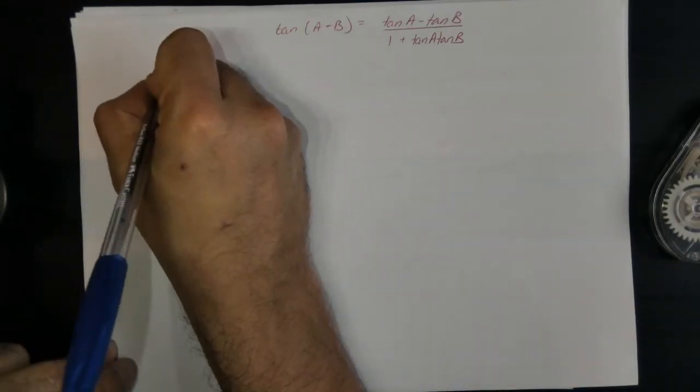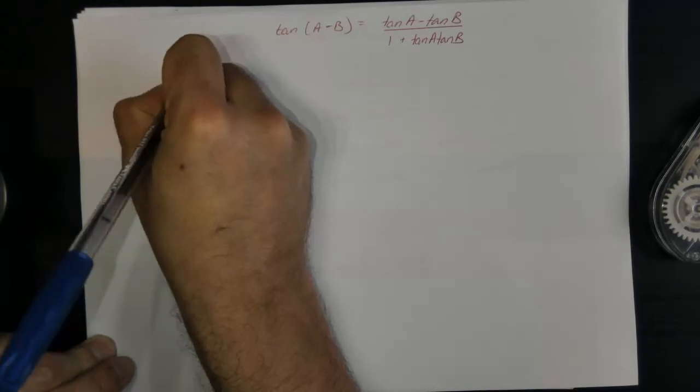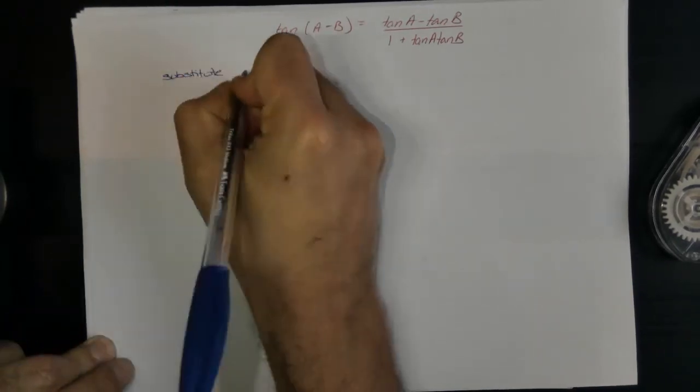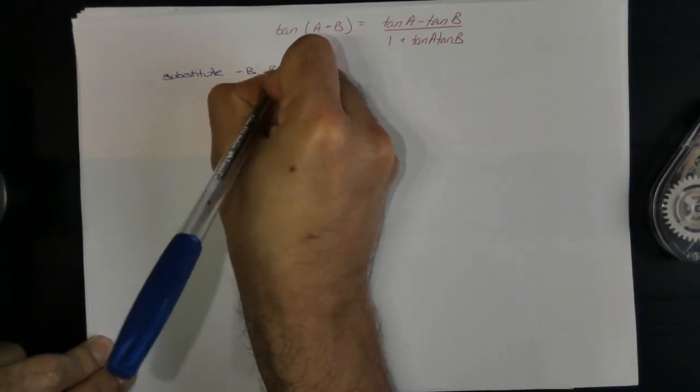What happens if we substitute minus B for B?